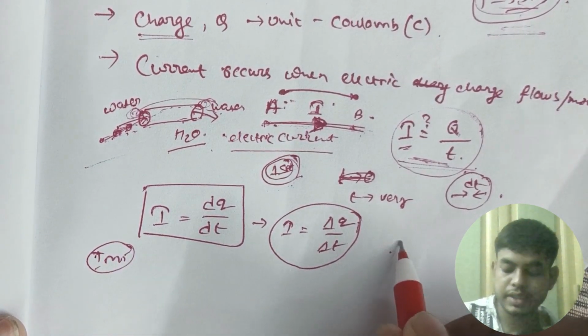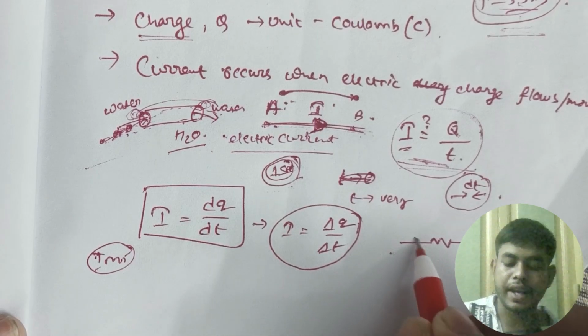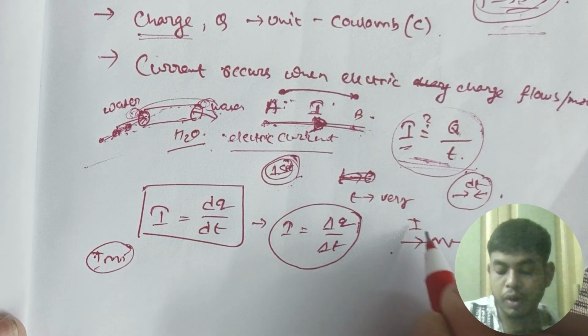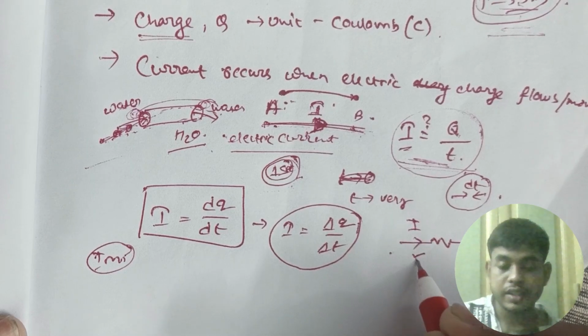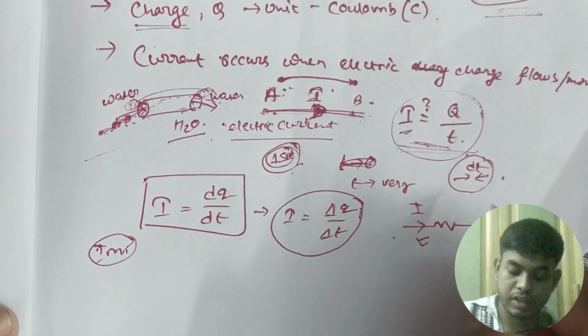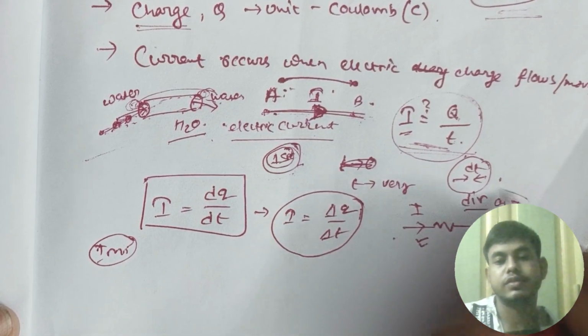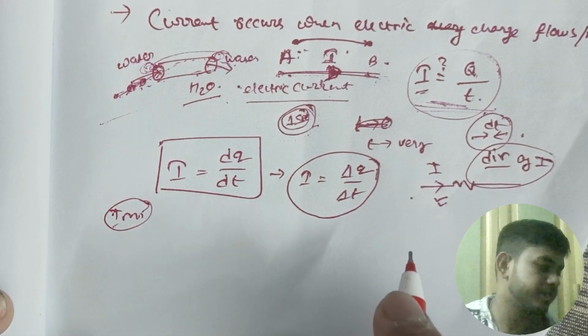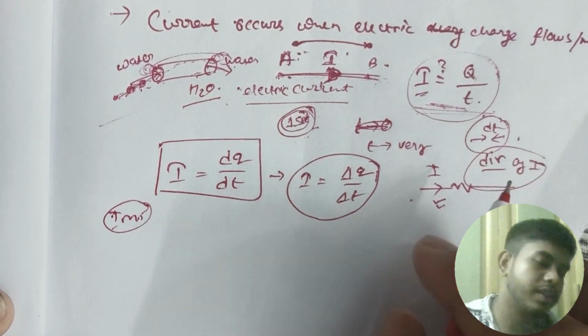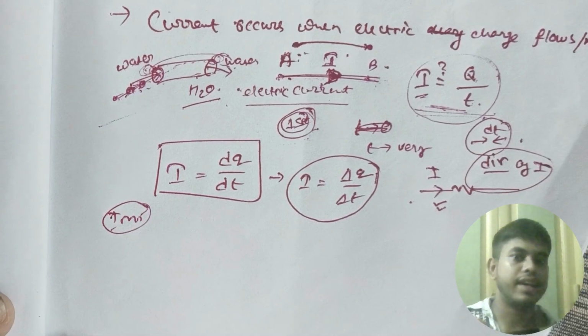When you have a circuit, you always mention the direction of current. Current will always have the value and the direction.